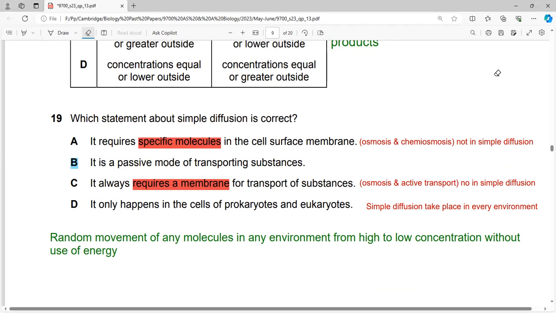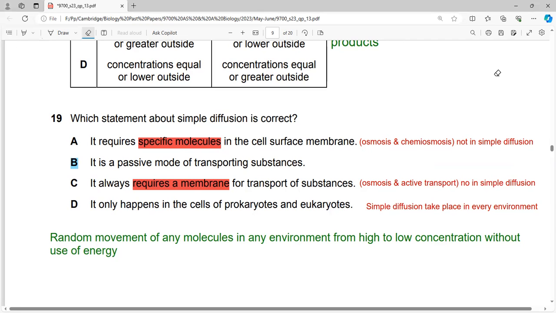What about simple diffusion? There's no specific molecule. Any molecule can move by random movement from a higher concentration to a lower concentration in any direction, for example smoke particles or Brownian movement. So a specific molecule is wrong here.